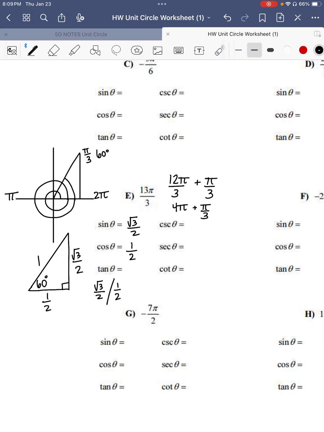I just want to remind you that when you divide fractions, we multiply by the reciprocal to get the same thing. So dividing by a half is the same as multiplying by 2 over 1. So we're going to take the reciprocal of the second fraction. And notice that the 2 divided by 2 is 1.